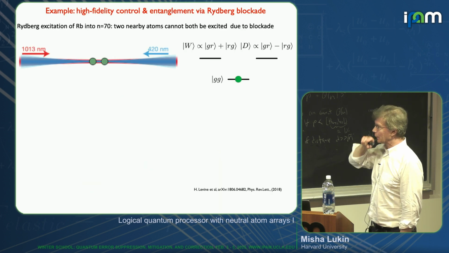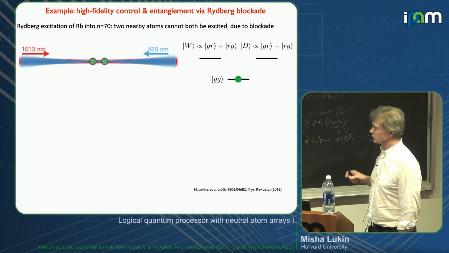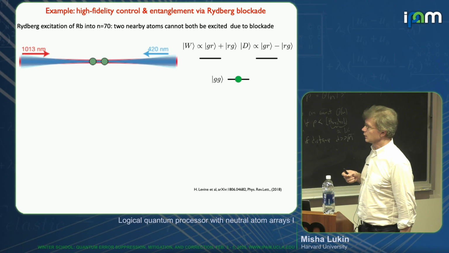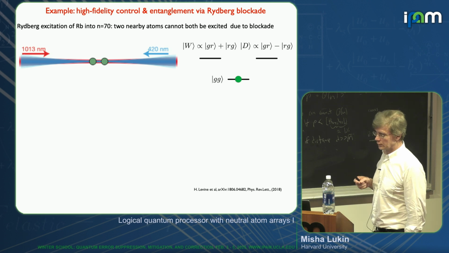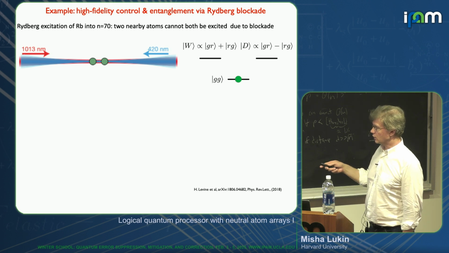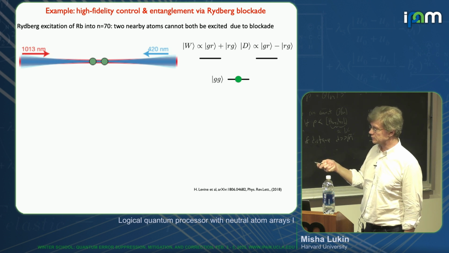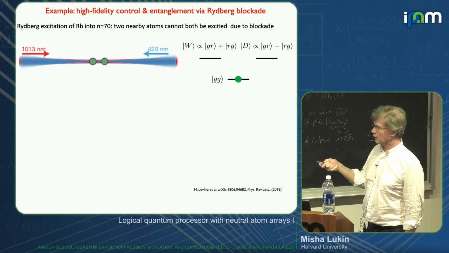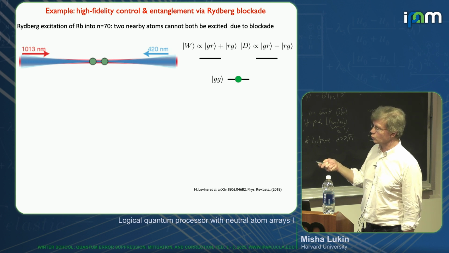So here is an example, in a ground-Rydberg manifold, of how you can use blockade to entangle atoms. Here you can just start with a pair of atoms sitting next to each other and excite them into a Rydberg state. For this rubidium atom, you do it with 2 colors of light.